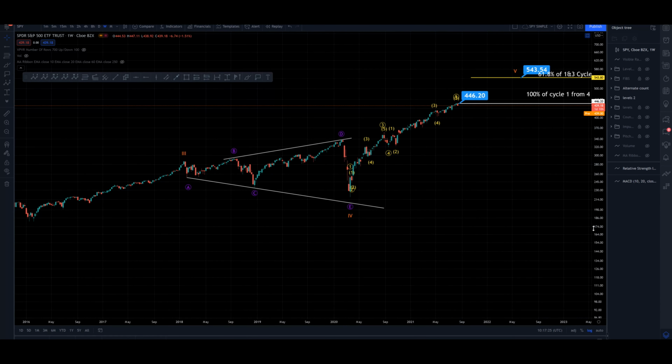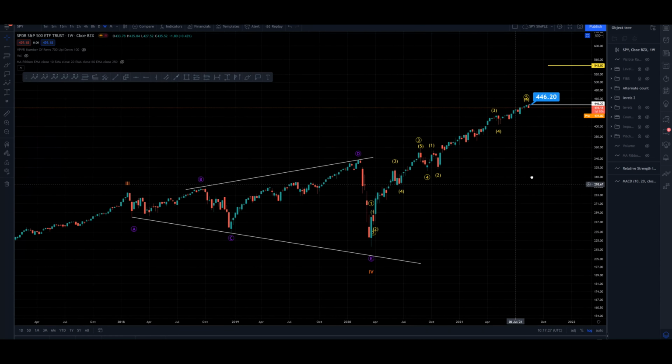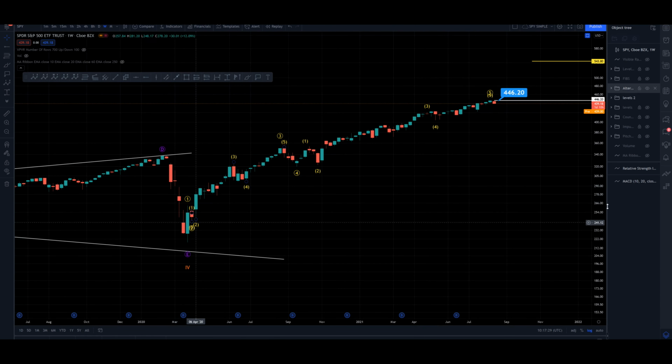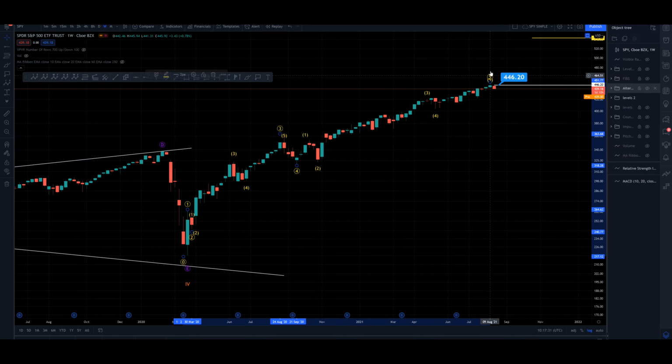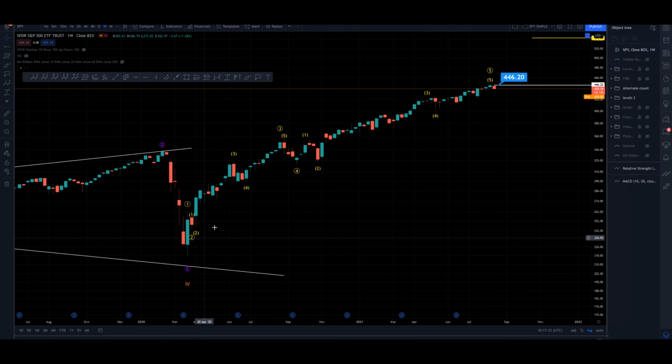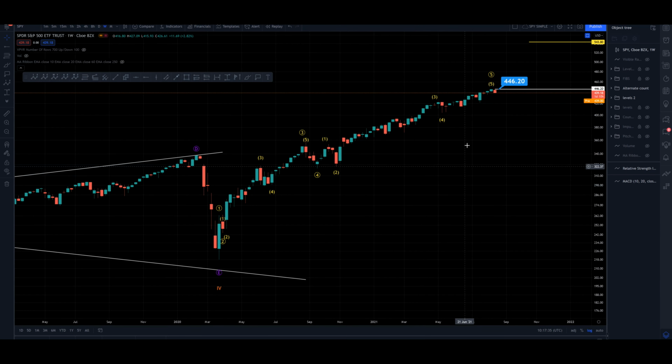So in order to make sense of this, I've had to couple it with a count from the 2020 low, which would allow us to complete up here. And this is a count I was originally working on many months ago, of a very small primary wave 1 and 2 down here.